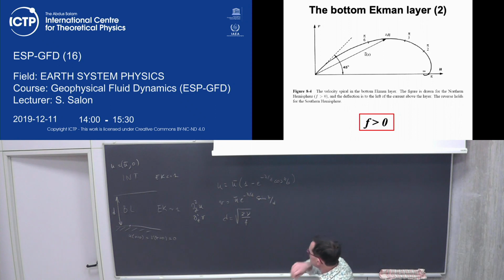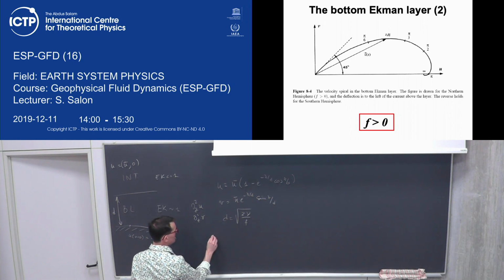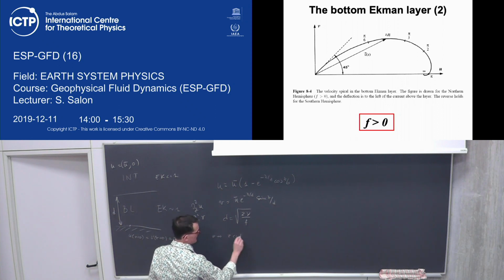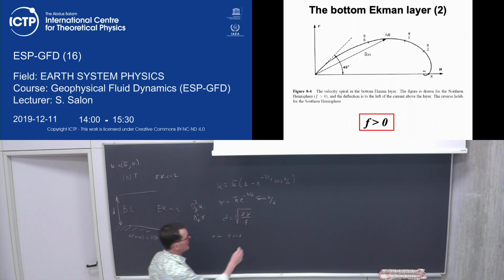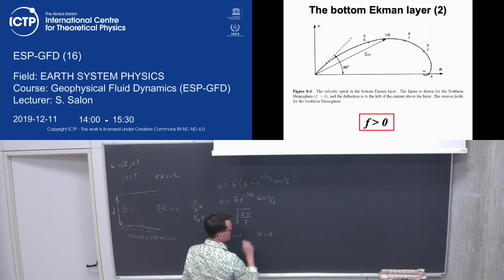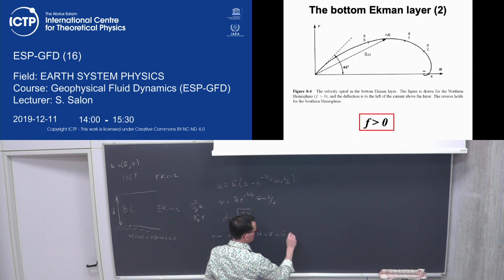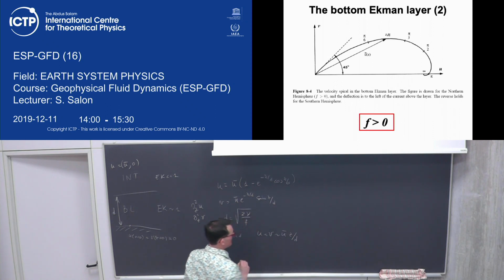Then we realize that if we go very close to 0, or we take z much smaller than d, so we are very close to the solid bottom, we have that u is of the order of v, which is u bar multiplied by z over d.